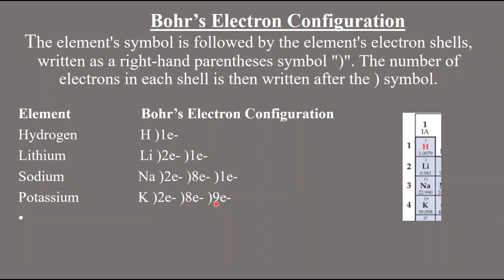Remember that the third shell can hold a maximum of 18 electrons based on the formula 2n squared, so all remaining 9 electrons from potassium can go in this outermost shell. As you know, potassium is from group 1A and is supposed to have one valence electron, but we are not getting that one valence electron for potassium using Bohr's model. So this is another defect in Bohr's model that we can resolve with the introduction of subshells within the shells, and that will be an important development of the modern model.